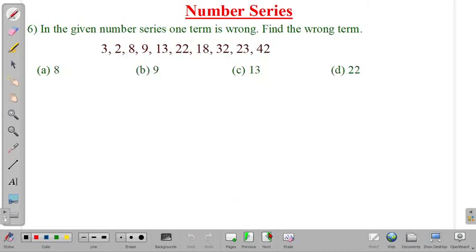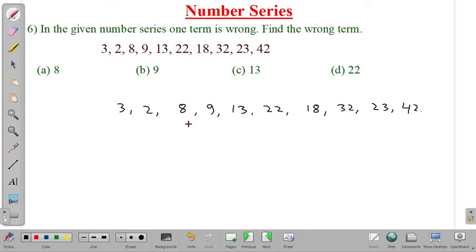See here the series given as 3, 2, 8, 9, 13, 22, 18, 32, 23 and 42, right? If we see here, first it is decreasing, then it is increasing, so it is a mixed type of problem.